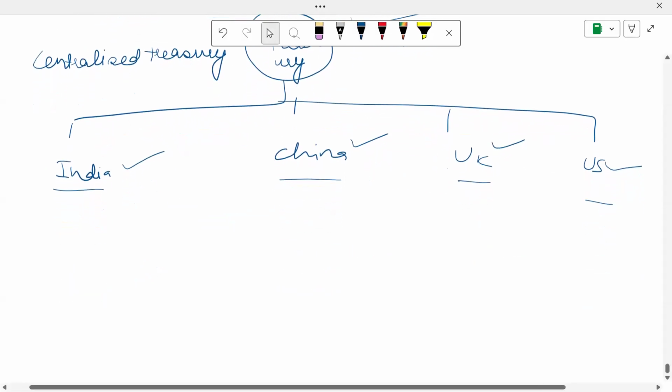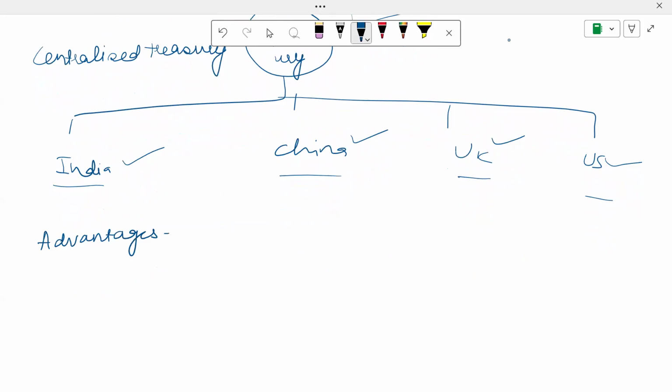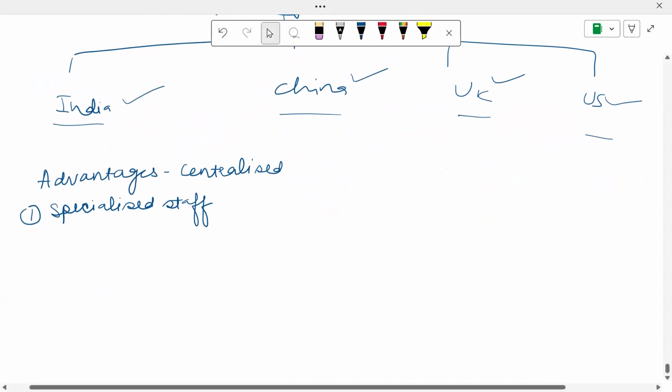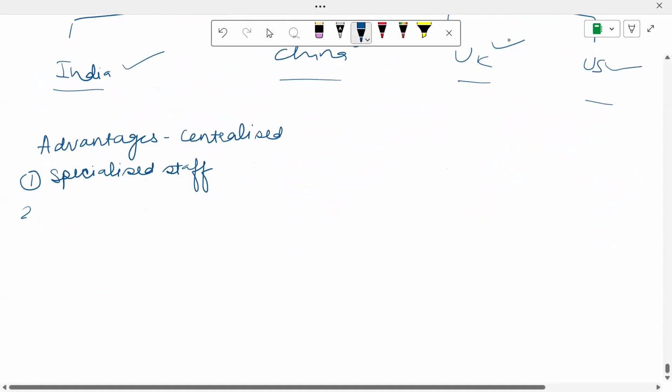Now let's talk about a few advantages of a centralized treasury department. Number one is that you can keep specialized staff. That specialized staff will have the qualification, the expertise, and the experience. So definitely the management can be done in a better manner.